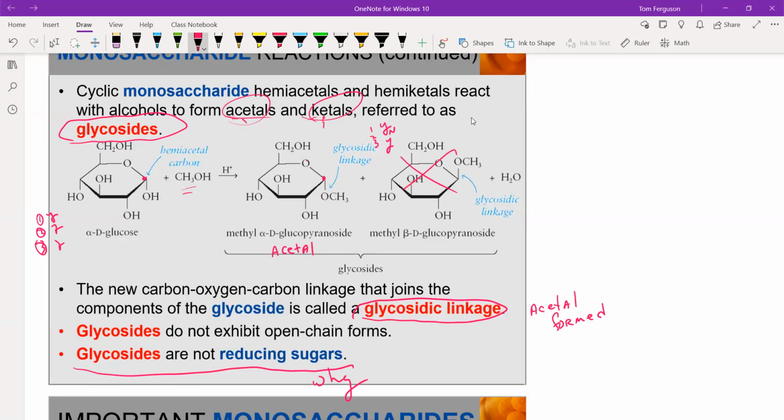Exactly. Okay. It can easily be oxidized. And what can be easily oxidized? What form? Hemiacetal. Hemiacetal. Exactly. If it's not a hemiacetal, it's not a reducing sugar because it won't open up. Because the only way it can be oxidized is if it opens up. Hemiacetals open up to an aldehyde. Boom. It can be oxidized then.